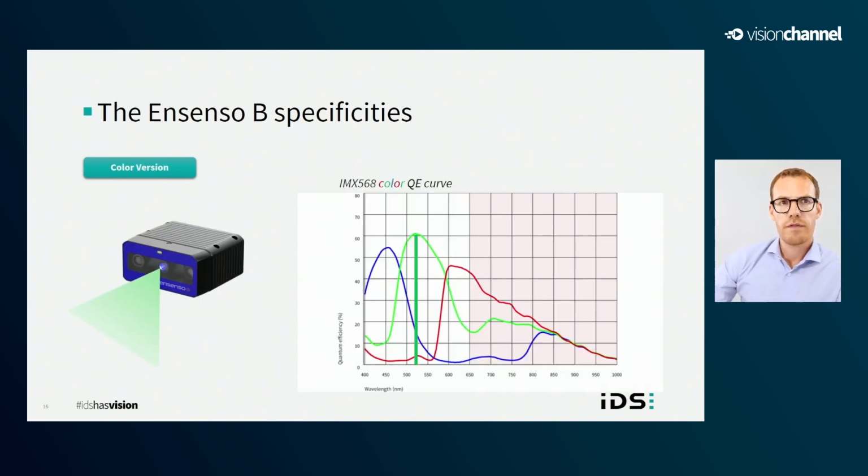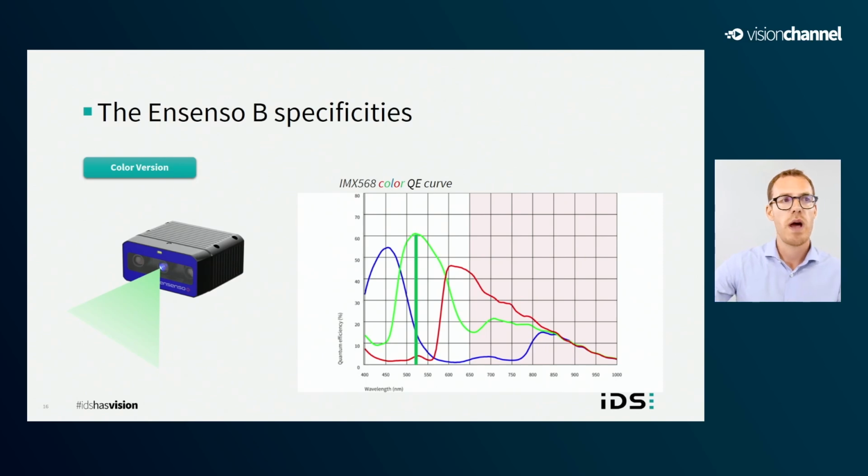You understood you have 2 options when you buy an Nsenso B. You can buy the color version that comes natively with color sensors, or you can buy the monochrome version. The color version of the Nsenso B comes with a green projector. The quantum efficiency curve, QE, is sensor information that gives you the pixel sensitivity to a particular wavelength, so higher is better.